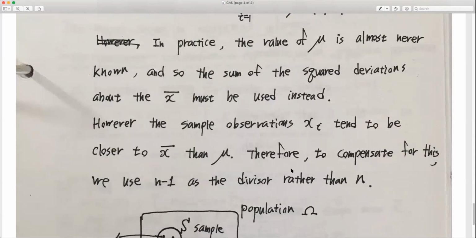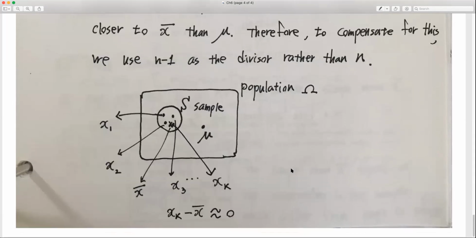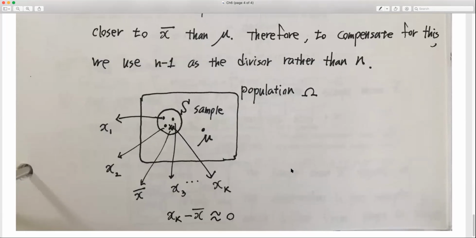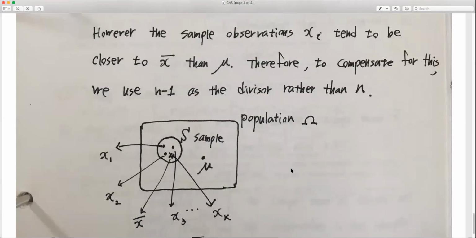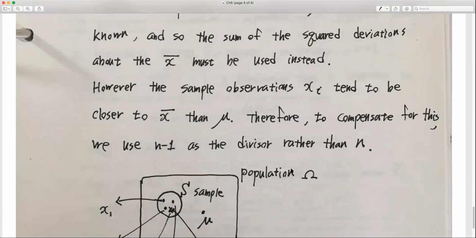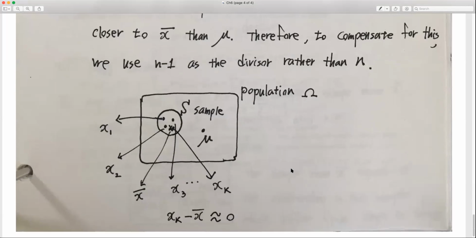So what that means, think about this. Let's say this is the population right there. Using the sampling method, we'll talk about the sampling method later, and we also learned the sampling method last semester, right? Anyway, we collect the observation sample data. Let's say this is the set of sample data right there.